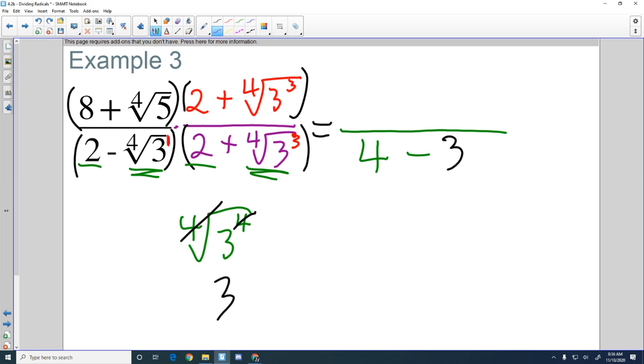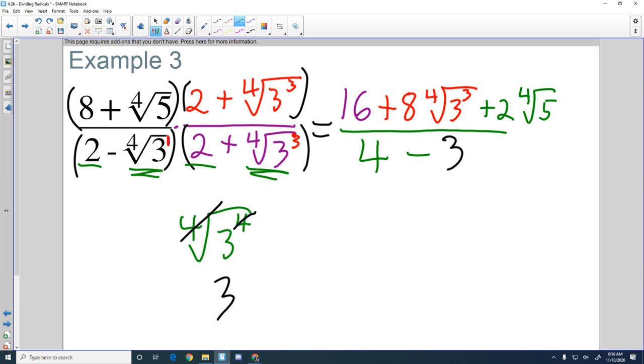Now up top, because those are not conjugates, we have to multiply everything out, right? Do the super distributing. So first I've got 8 times 2, which is 16. And then we're going to have an 8 times the 4th root of 3 to the 3rd. And then we have 2 times the 4th root of 5.